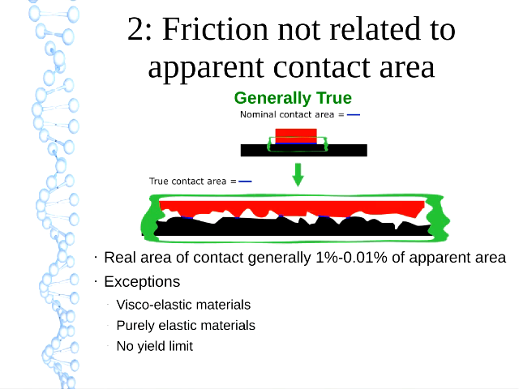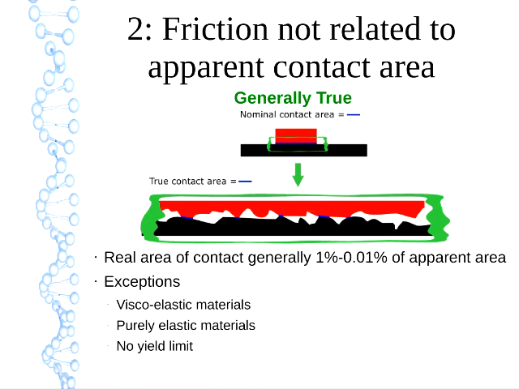The second law of friction is that friction is not related to the apparent contact area. Again, this is generally true. And this is because, in general, the real area of contact, the amount of surface area of asperities that is touching each other, is generally independent of the apparent area of contact and only depends on the normal force.